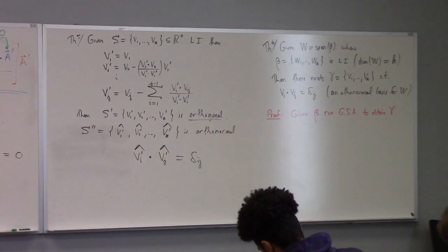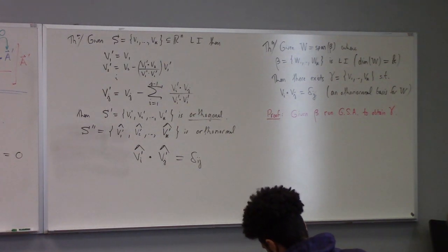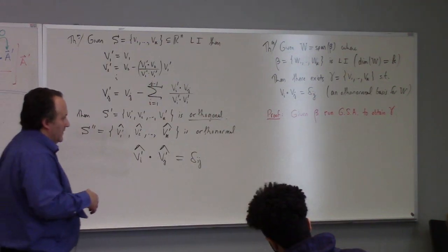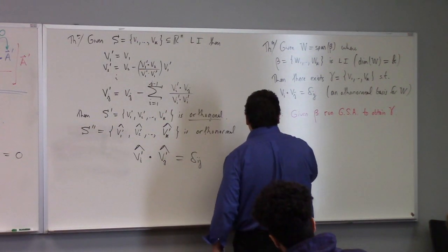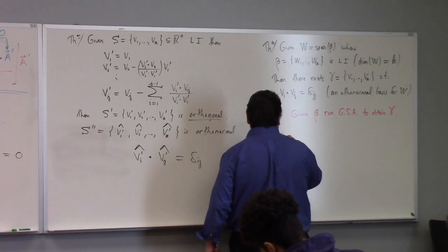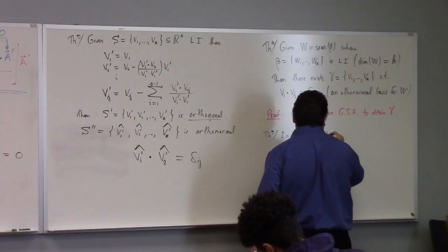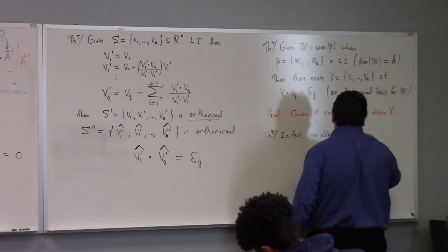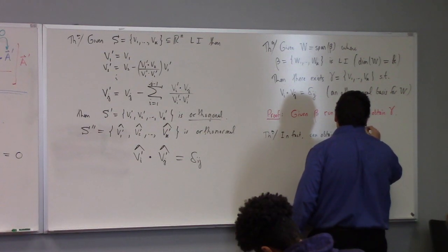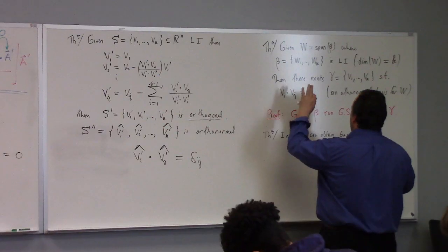Why do we care? Well, orthonormal sets are very nice, of course. In fact, there's a larger theorem. We can obtain a basis, let's say beta, I'll call it beta prime since I've already used beta. What do I have? I have beta, I have gamma.